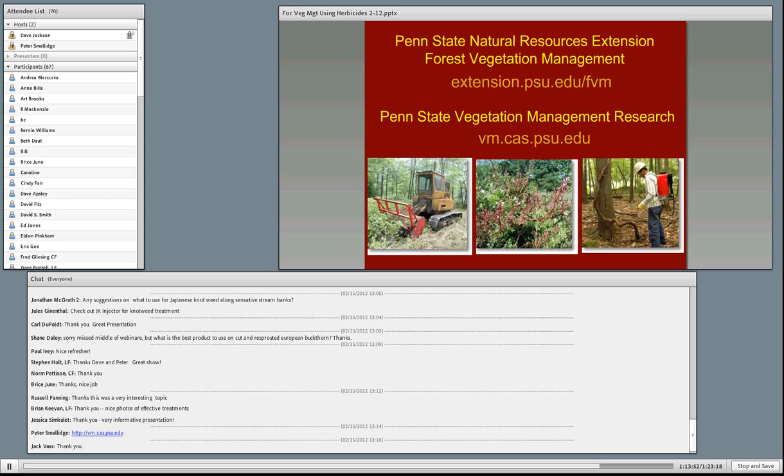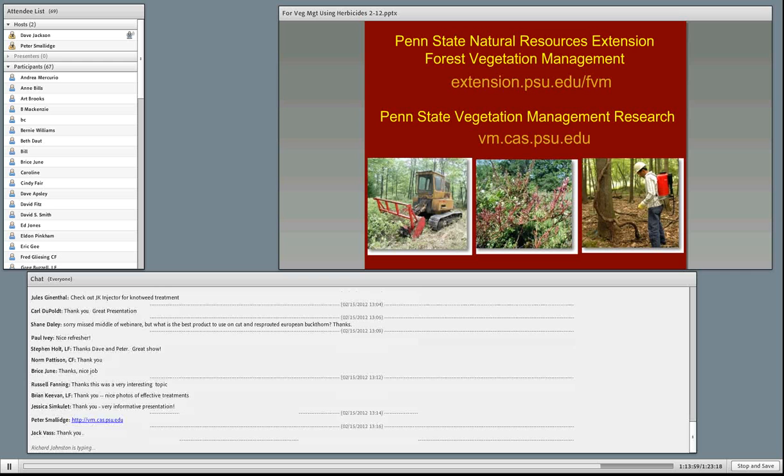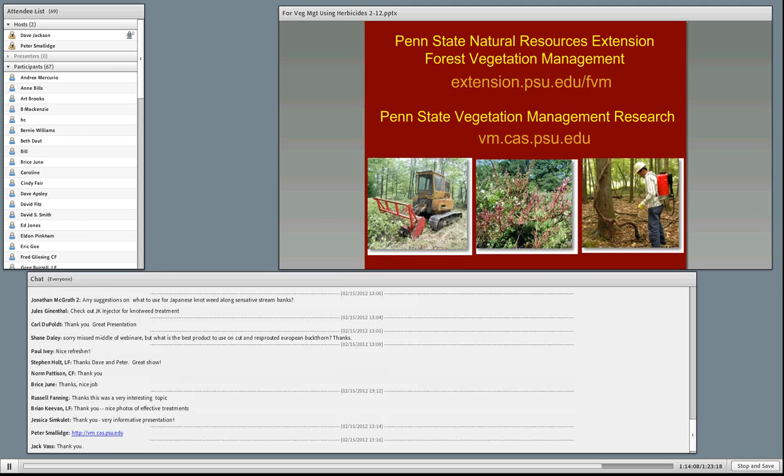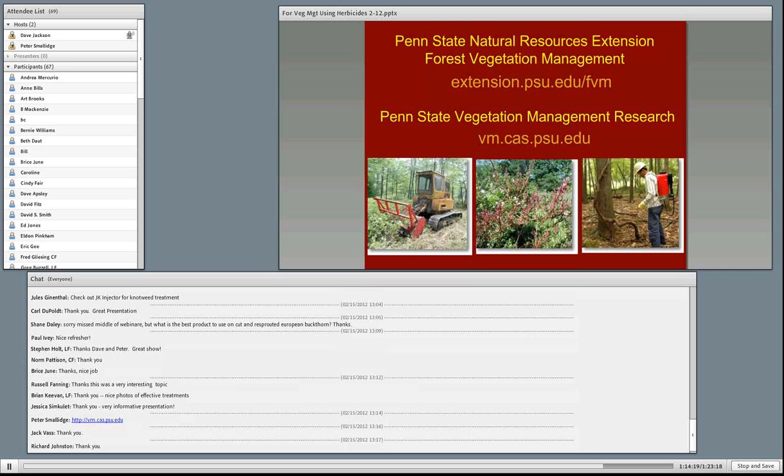If you go to my website and look under chemical control, there's a table entitled Herbicides by Application Method. You can look under all those individual methods, whether it's the cut stump or basal bark or the frill girdle treatments. It lists all the individual products that are labeled for that and what their rates of application are based on the label recommendations. So that table is available for folks, Pete.